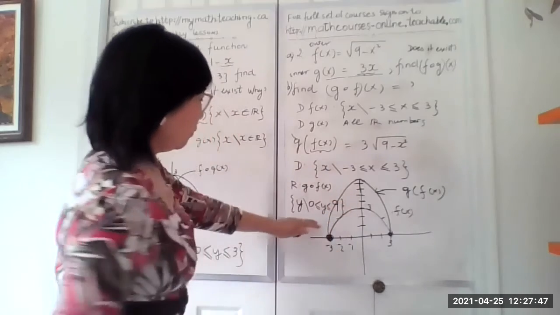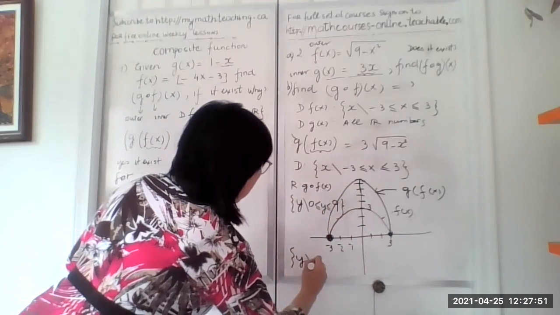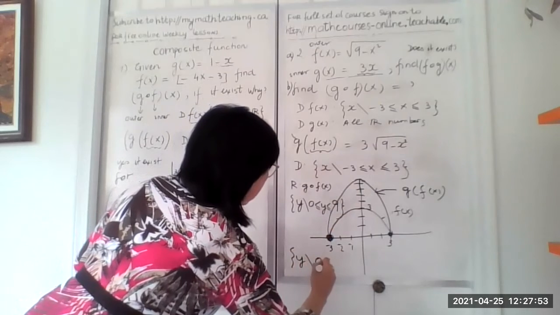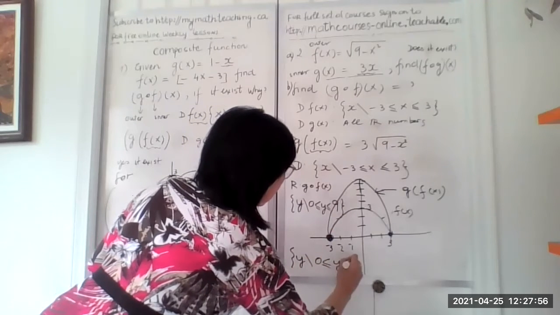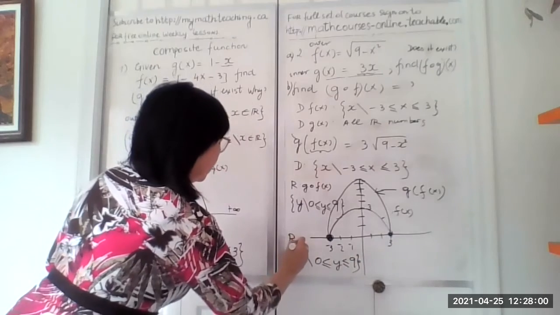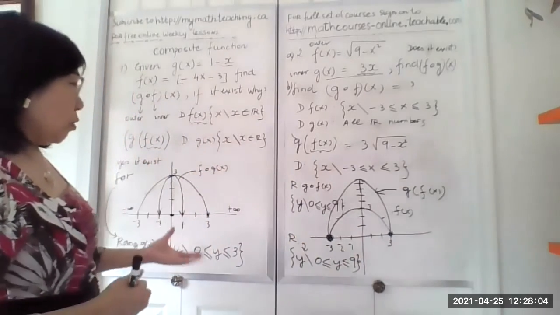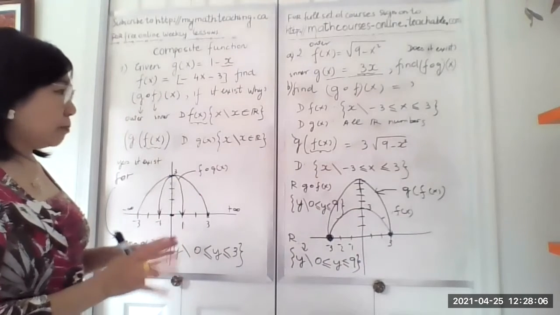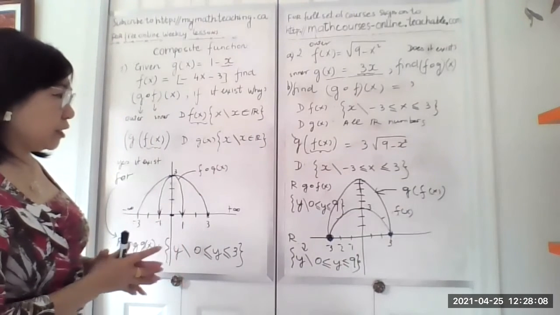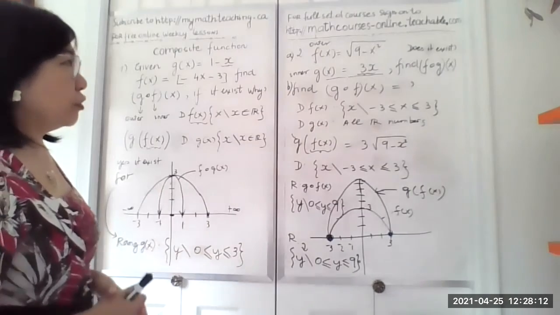So that's the new range, let me write it down here: y such that 0 less than equal y less than equal 9. That's the range for the new function. So from these two examples, you will see it's a little bit complex in terms of domain and range for the composite function.